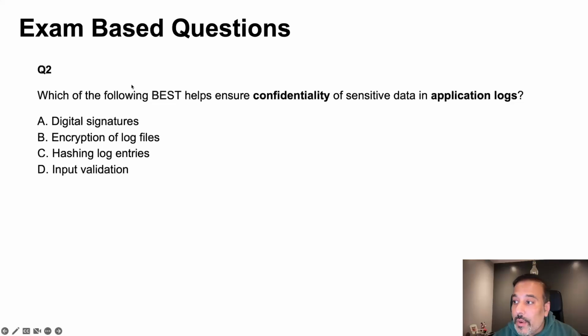The next question, you will find these kinds of questions in an exam where they say best possible option. So which of the following best helps ensure confidentiality of sensitive data in application logs? Here you see two very obvious things in it: confidentiality and application logs.